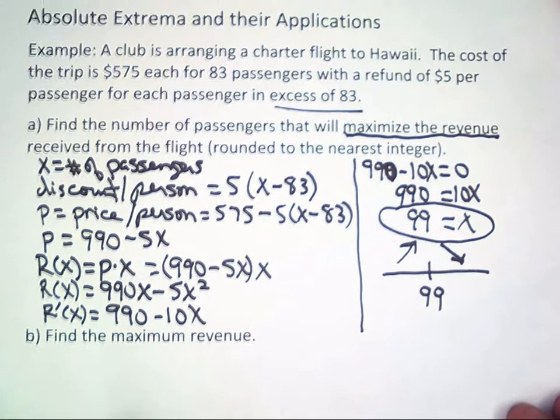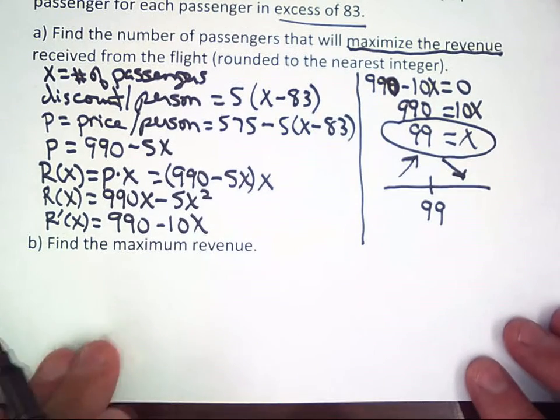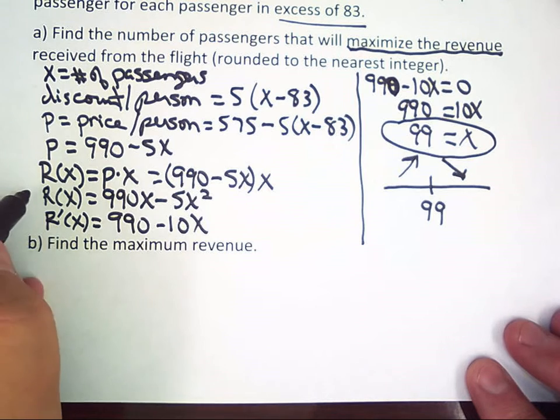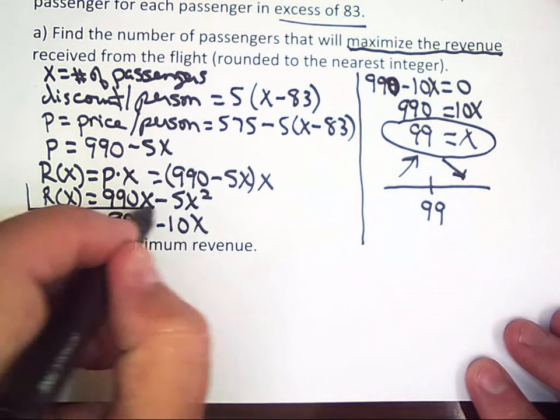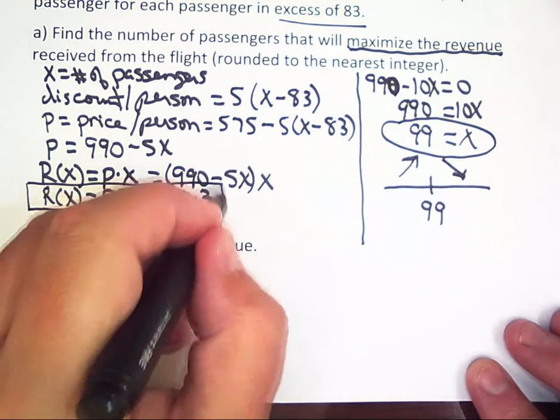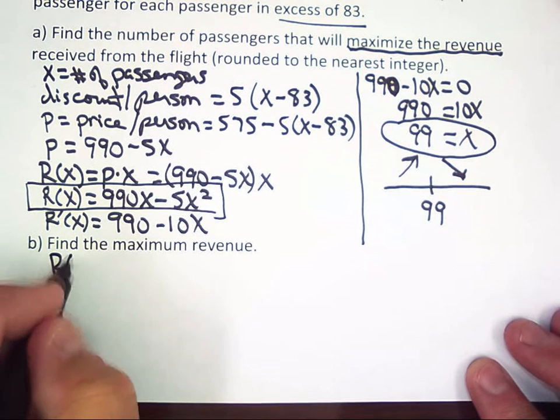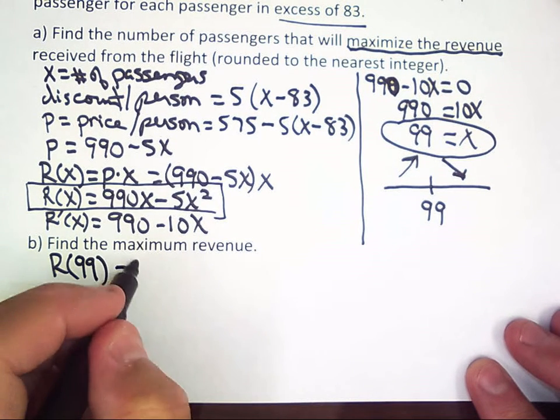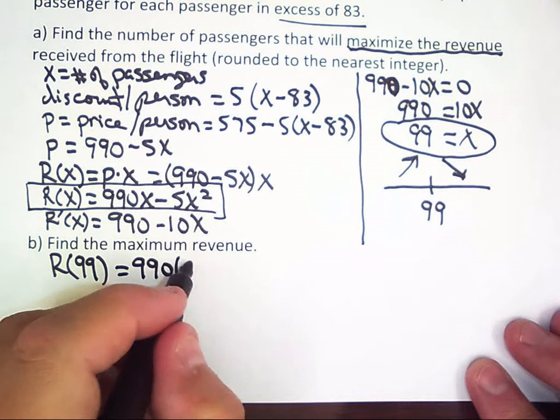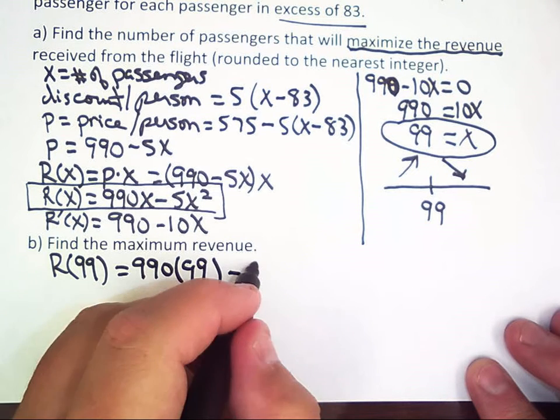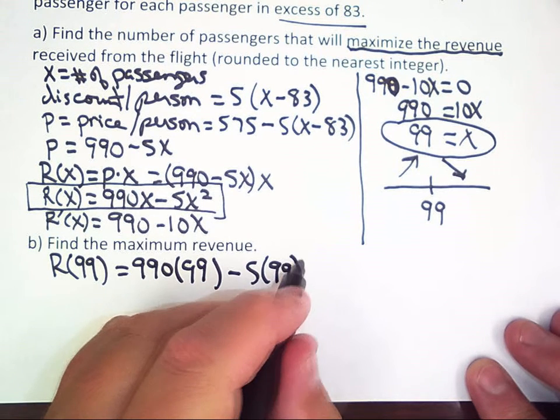Okay. The B part says find the maximum revenue. So all you have to do is find the revenue function, which is here, and put 99 in. So you get R of 99 is 990 times 99 minus 5 times 99 squared.